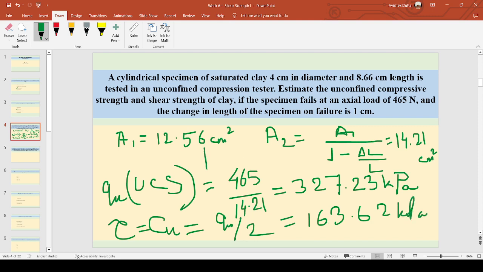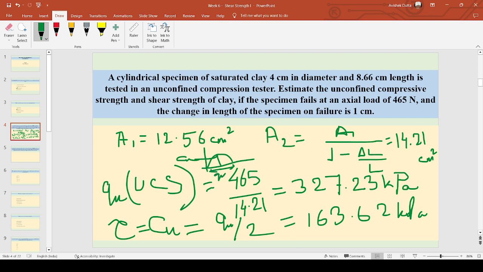Because the graph is like this. This is the circle, then this is the radius, this is the shear strength, this is Cu, and this entire thing is Qu.